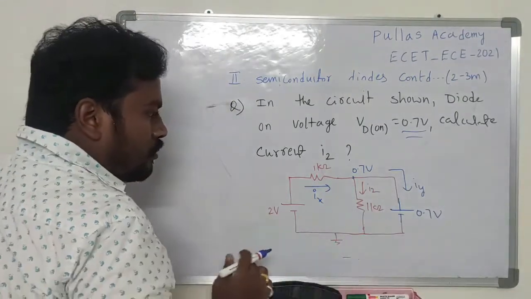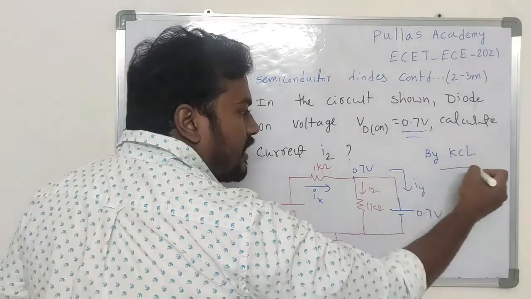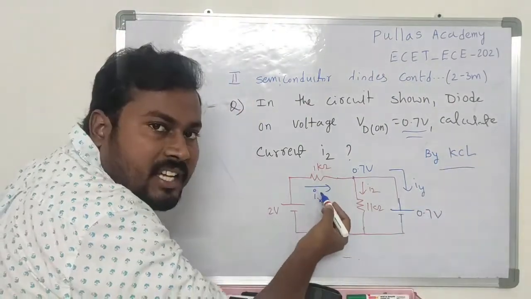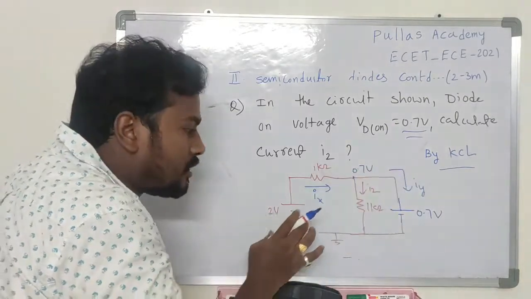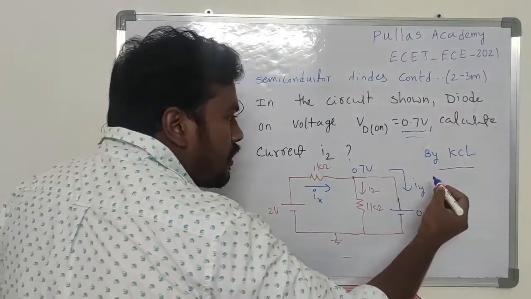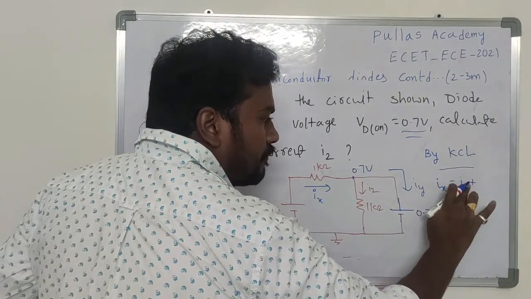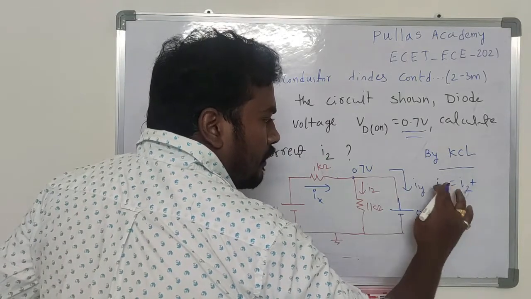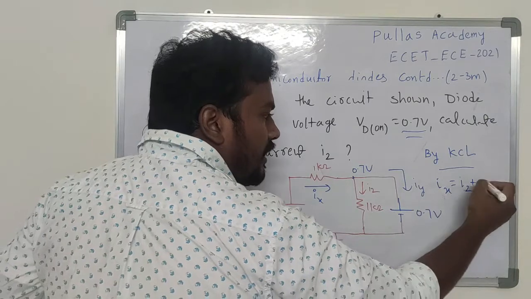Okay. So by KCL, Kirchhoff's current law, the sum of the entering currents is equal to the sum of the leaving currents. Ix is entering, I2 is leaving, and one more leaving current is what?